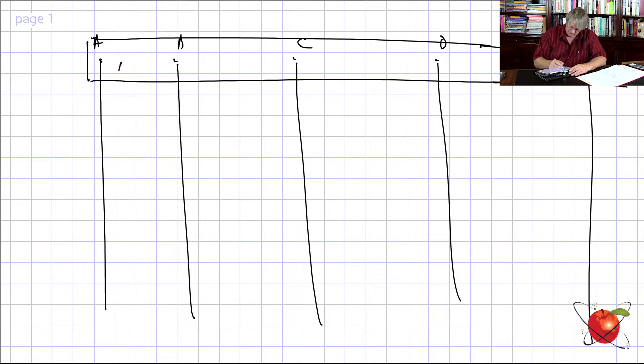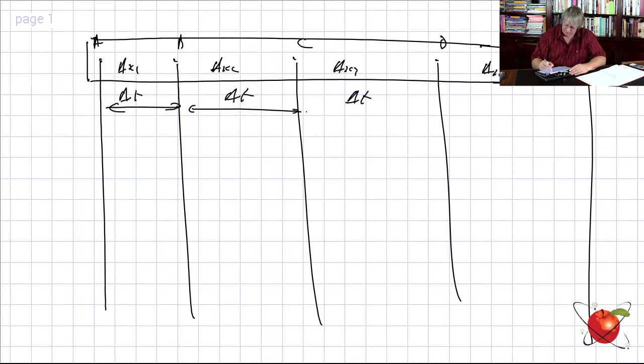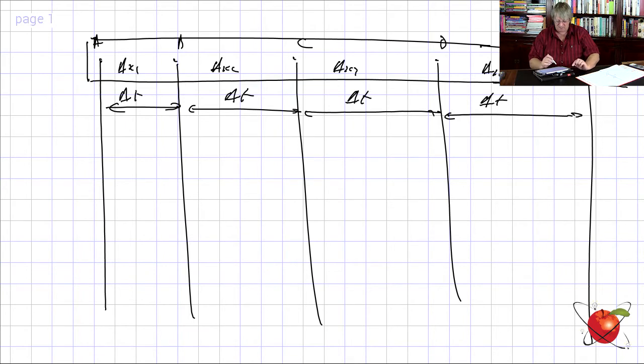So now we know delta X1, delta X2, delta X3, delta X4 in meters. Then we write delta T. I label it like this. And what do we know about the delta T's? They're all going to be the same, because it's the time between each, say, 20th dot in this case.